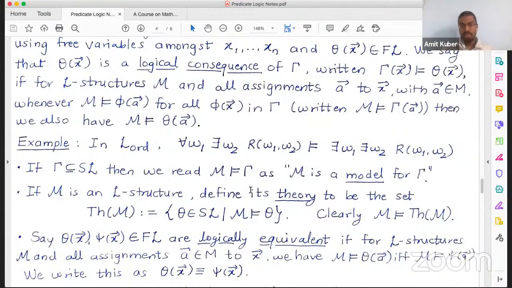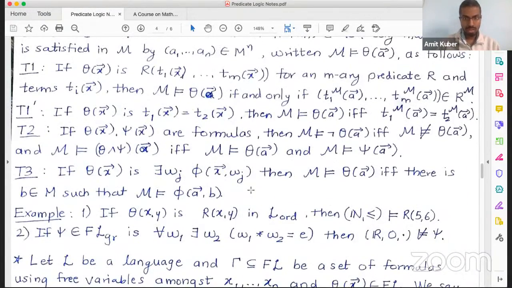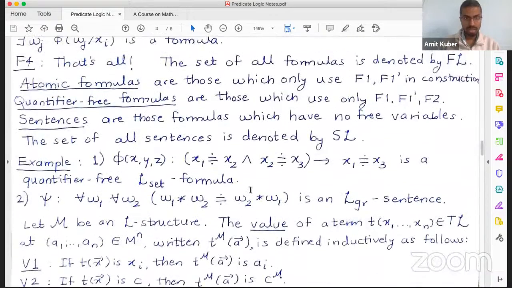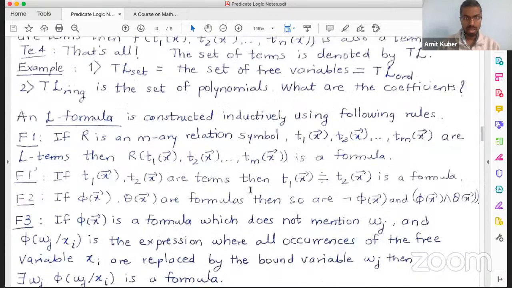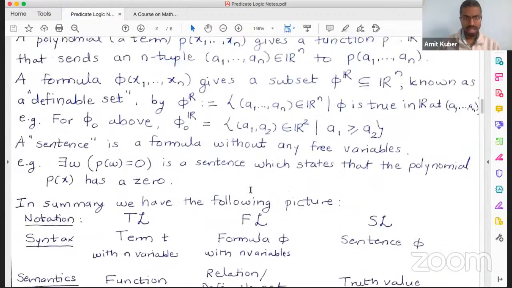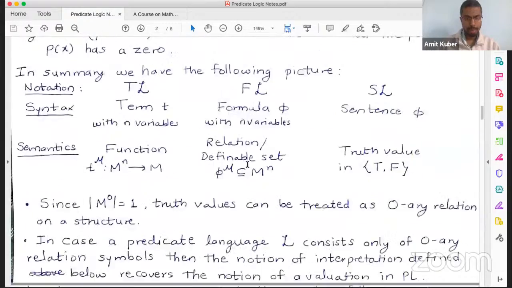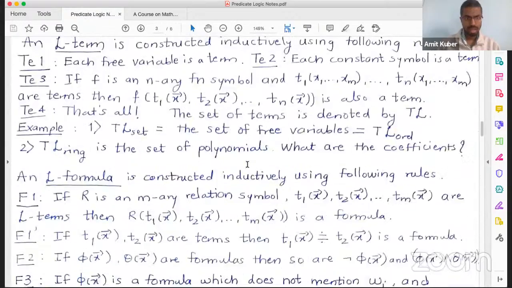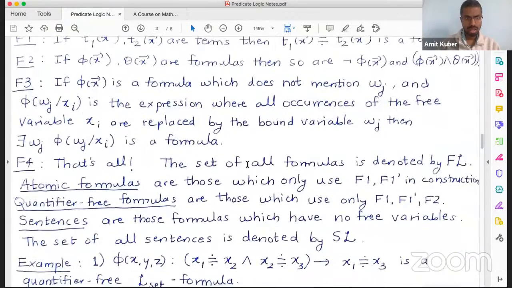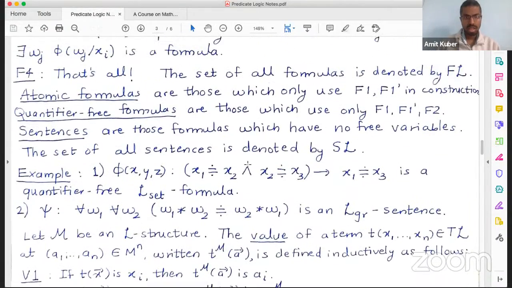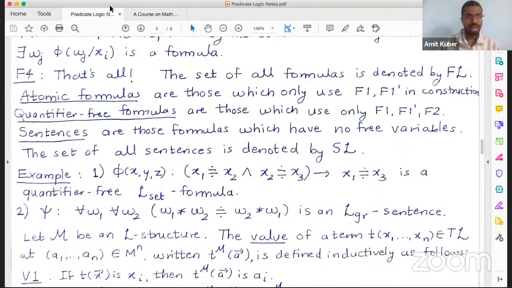Before I go ahead, I want to point out one particular formula that we discussed yesterday. Let me say it out loud.